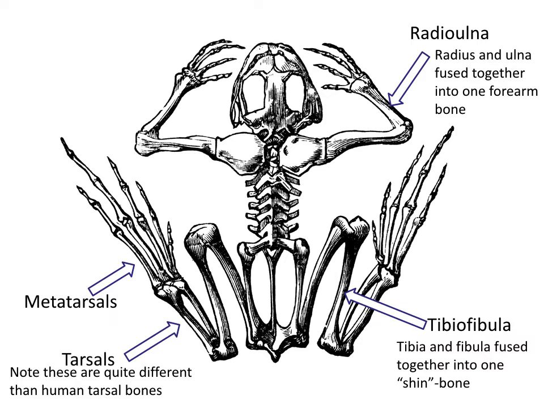In a human being, the tarsals are small and squished together to make up your ankle. So that tarsal part is the same as your ankle. And where you have a tibia and fibula as separate bones, they have a combined tibiofibula, which attaches to the femur to connect back to the pelvic girdle.